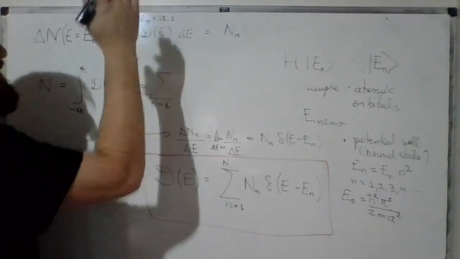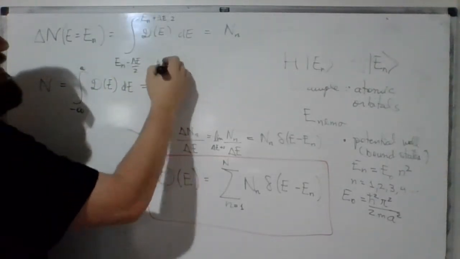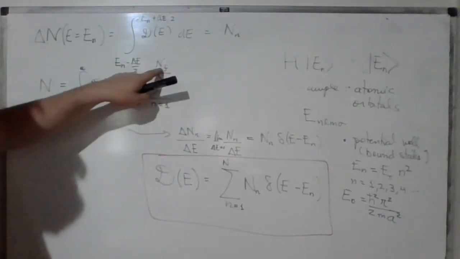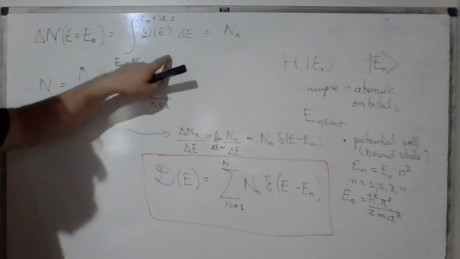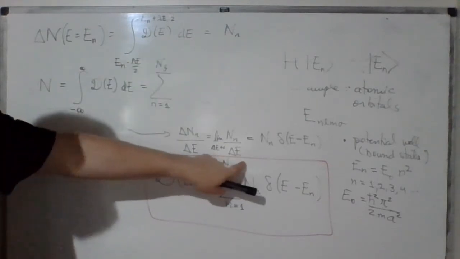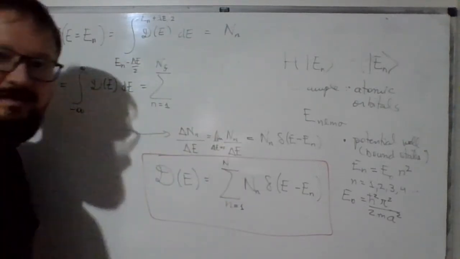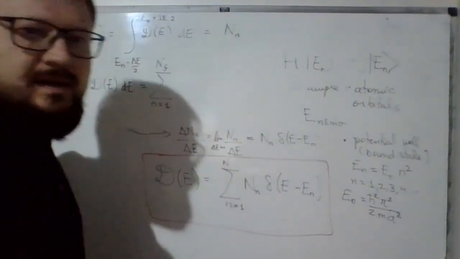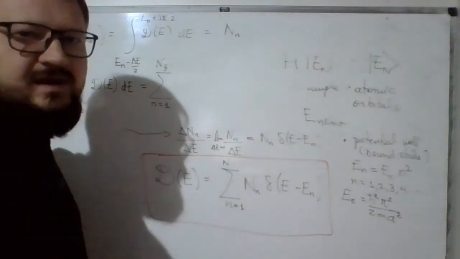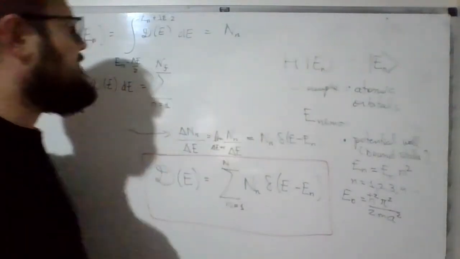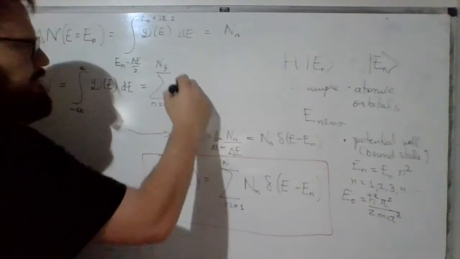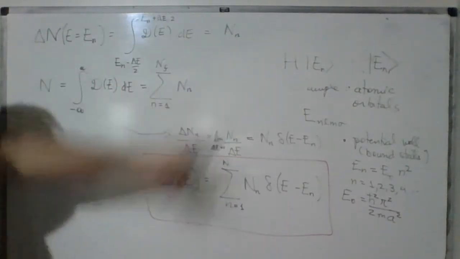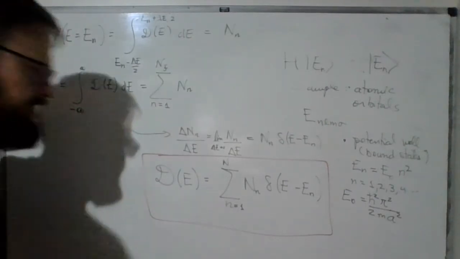Let me use another letter here, another symbol, a final number of states. It could be infinite, perhaps, in the case of a discrete spectrum, with infinite possible solutions for the Hamiltonian, and you have this summation over all the possible states of your system.